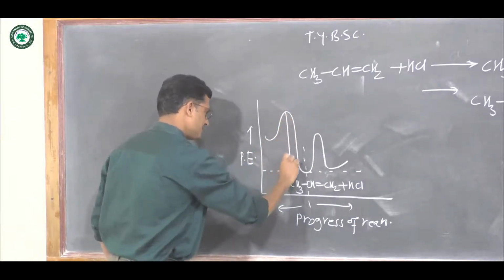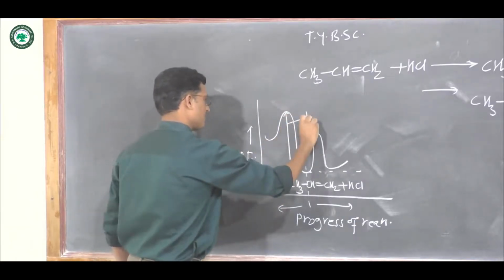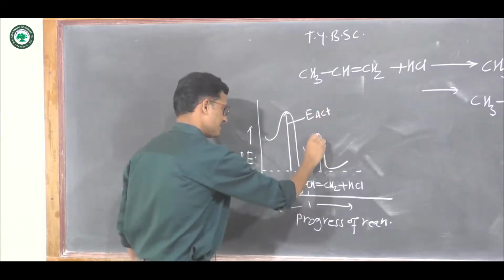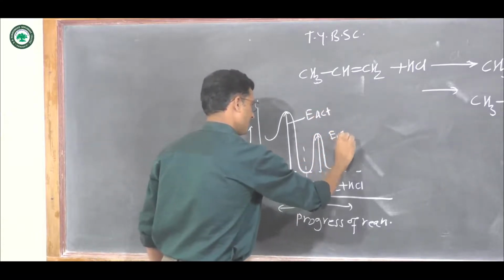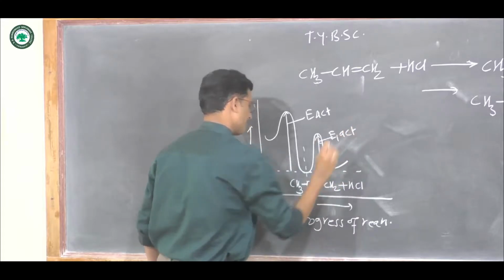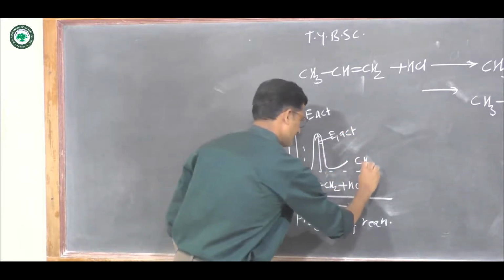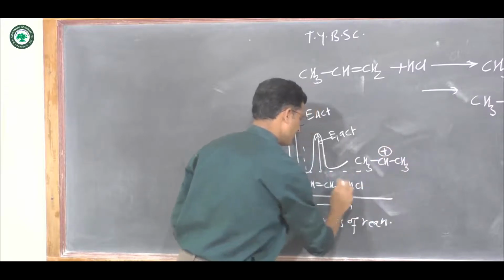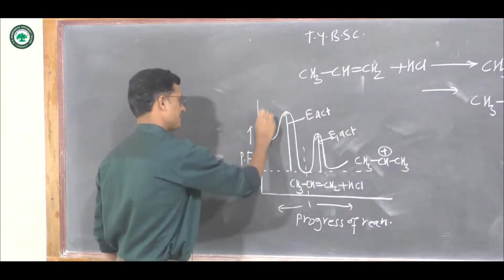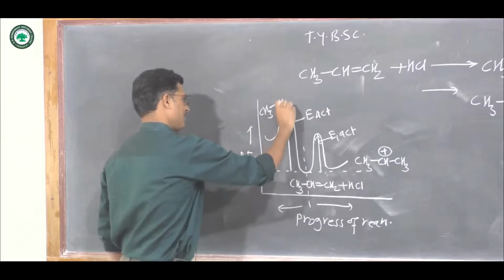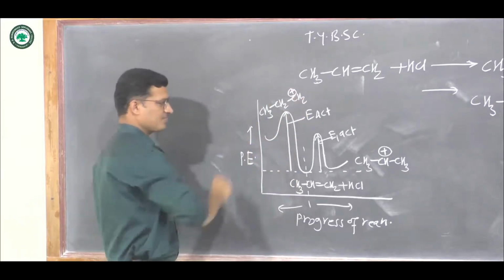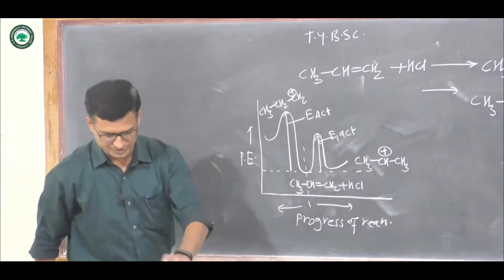This energy is called E activation, this energy we call E1 activation, and when the secondary carbocation is formed, then this much amount of energy is required. When the primary carbocation is formed, then this is the activation energy.